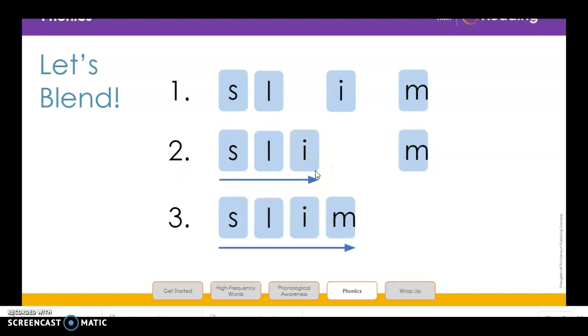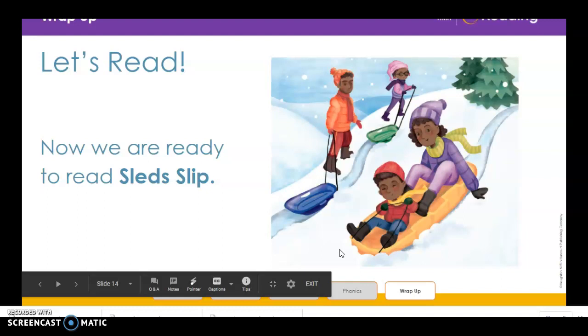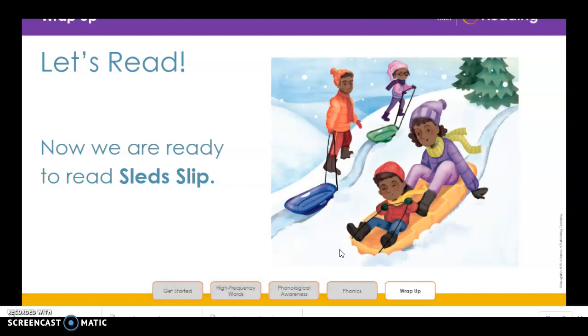Now let's slide over the last letter in line 3. Now let's blend all the letters together in line 3. Sli, read it with me. Slim. Now you are ready to read sled, slip. And you're going to find out what Stan, Mom, Beth, and Dad do in this story.